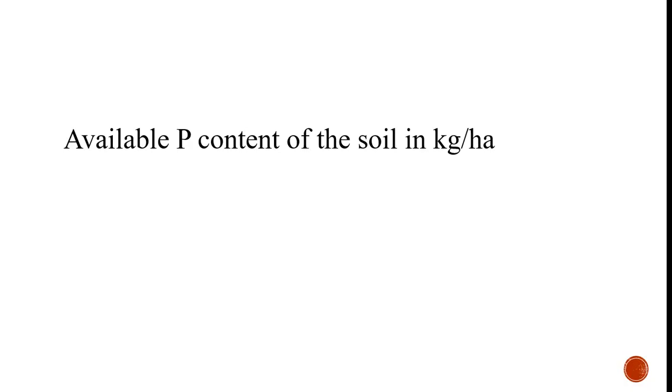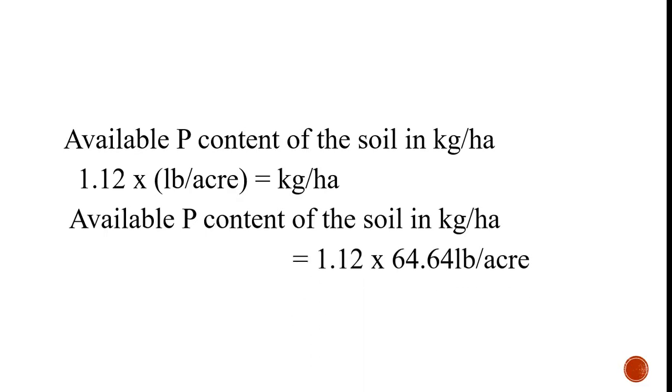So 1.12 times pounds per acre equals the value in kilograms per hectare. Earlier we calculated the value of the phosphorus content to be 64.64 pounds per acre. So to get the value in kilograms per hectare, just multiply that value by 1.12.